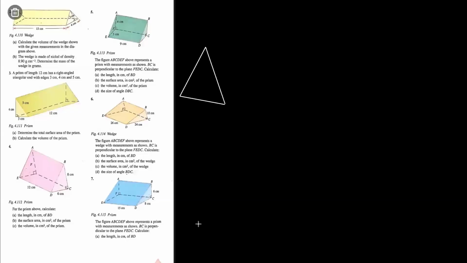I'm going to call this triangle A, B, C, where I know all three sides of the triangle.